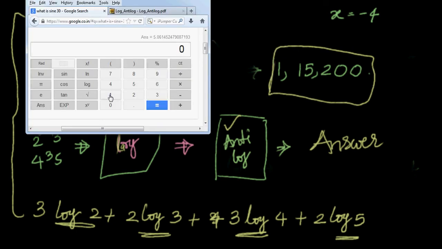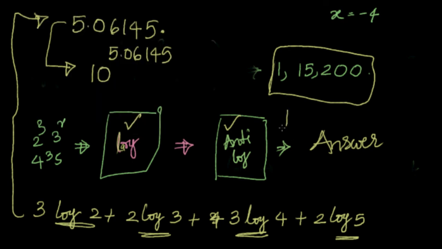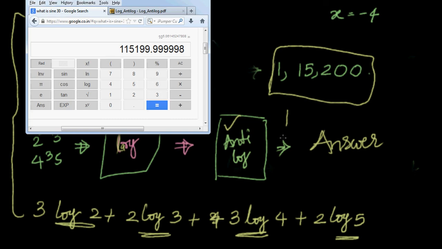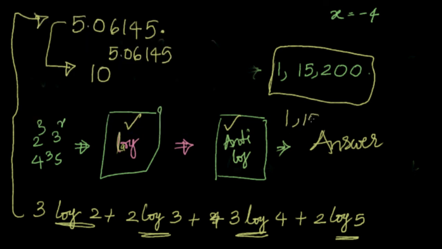So what I am saying is 10 to the power of 5.06145247908. That should be fine. You can check what the value is. It's nothing but equal to 1,15,199.999. So you will agree with me that it's nothing but equal to 1,15,200.